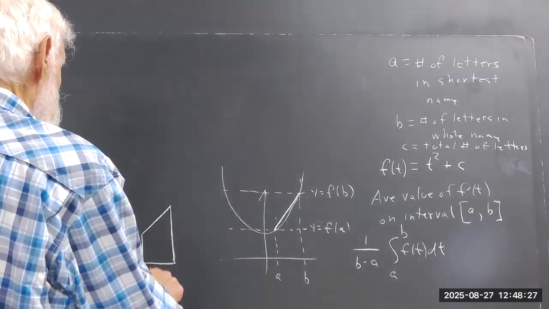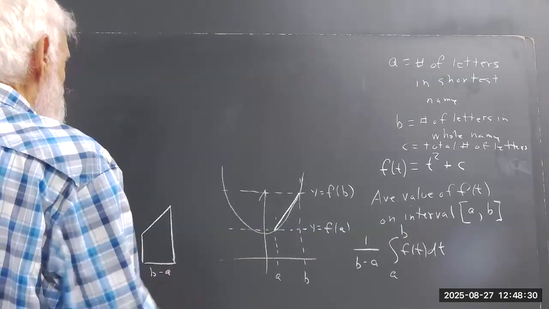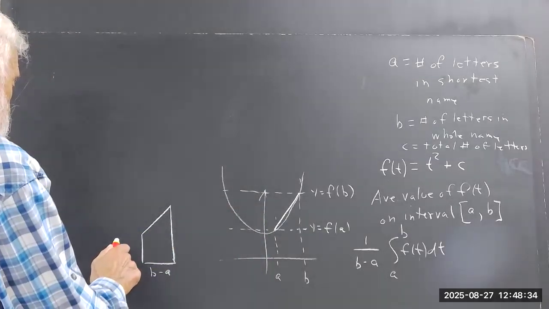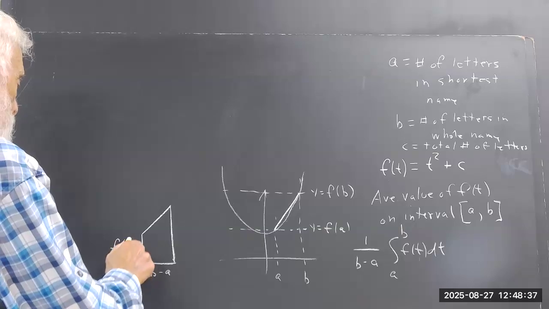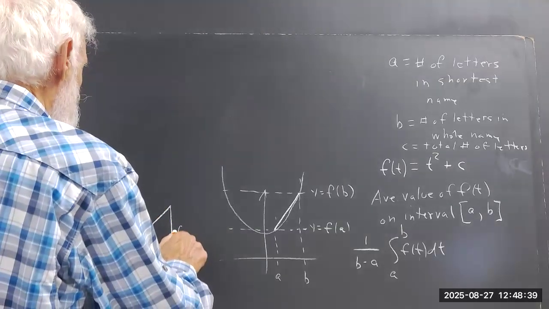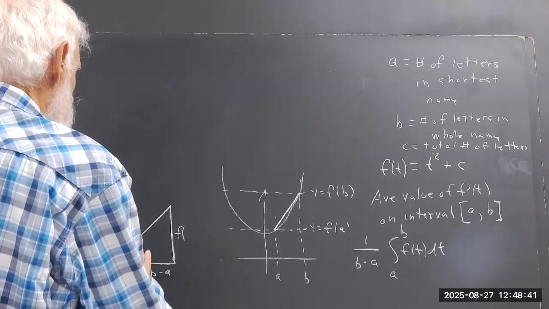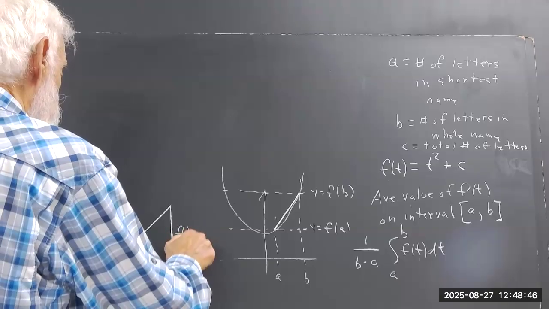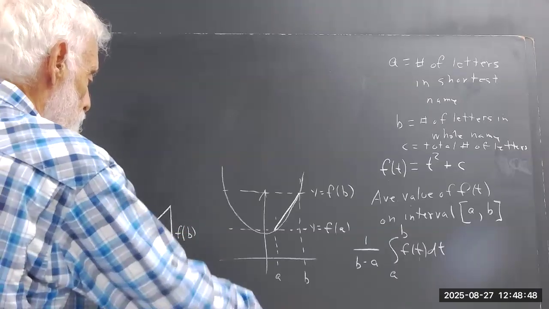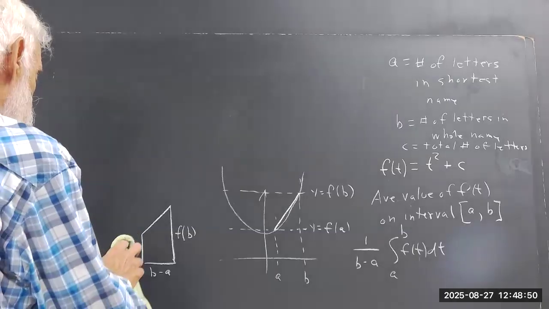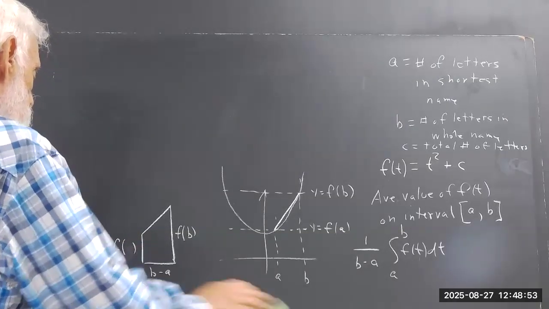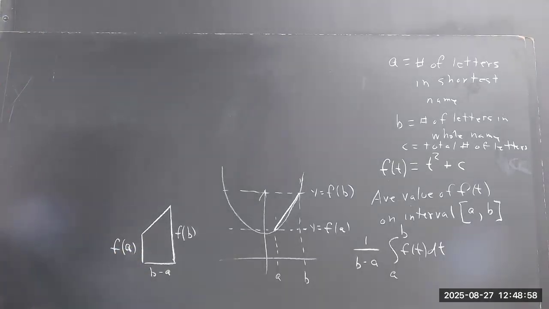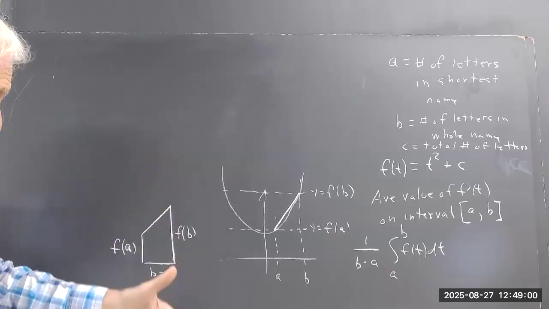So here we have B minus A. Here we have this height, which is f of B. This height, which is, I'm sorry, that's f of A. Let me fix that. So what's the area of that?